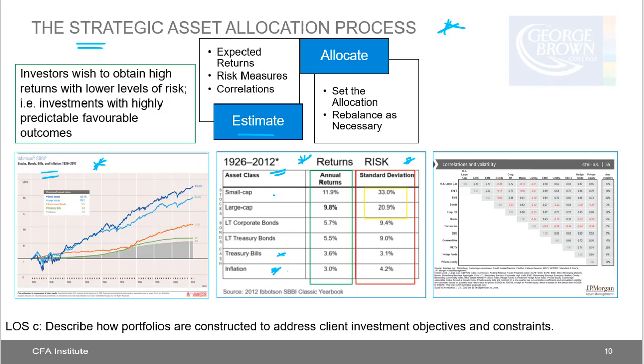And for the stocks, it was split between small cap and large stock, the bonds between long-term corporate bonds and treasury bonds. Okay, we saw the growth of $1 from 1926 up here in this graph until 2017.